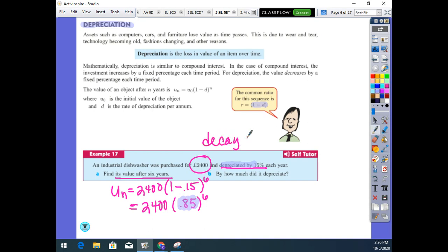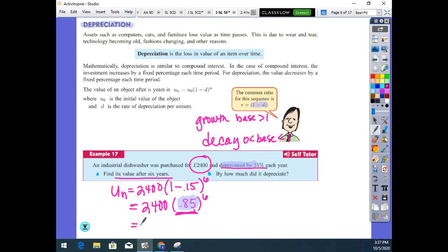Decay is when your base is in between 0 and 1. Growth, your money or whatever grows if the base is greater than 1. So that's a quick check. If you're looking at something that's decaying in value, this needs to be between 0 and 1. If it's growing in value, it needs to be more than 1.